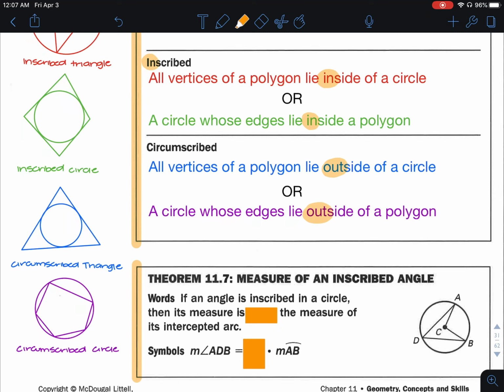So if an angle is inscribed in a circle, then its measure is half the measure of the intercepted arc. Okay, so if I'm talking about the measure of angle ABD, which is this angle here, it is half the measure of my arc. My arc is here, AB. It's half that measure.